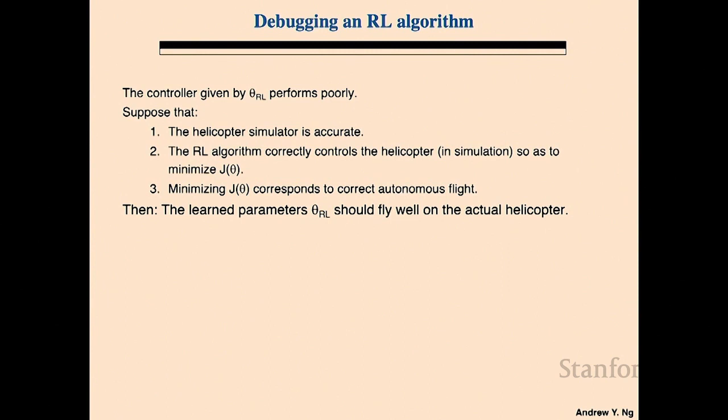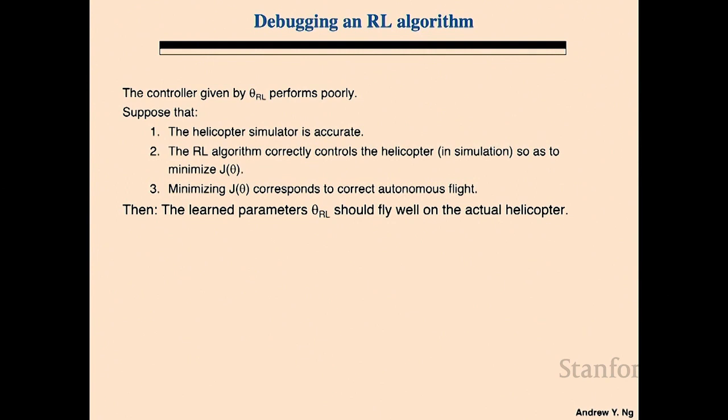But it doesn't fly well, so one of these 3 things is false, and our job is to identify at least one of these 3 statements that is false, because that lets you sink your teeth into something to work on.